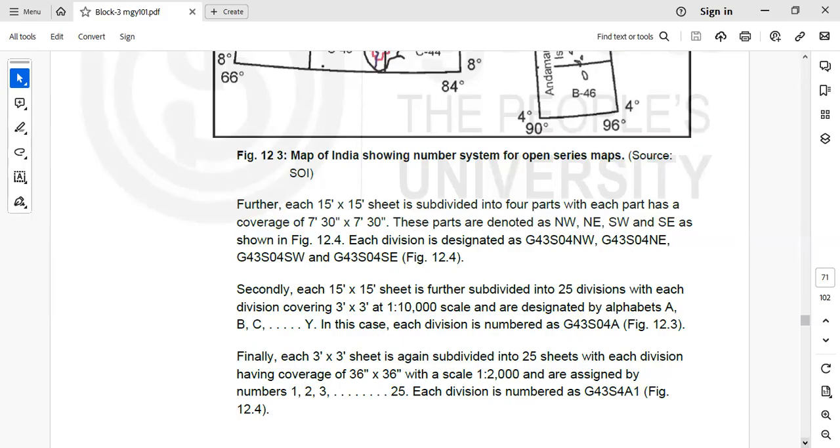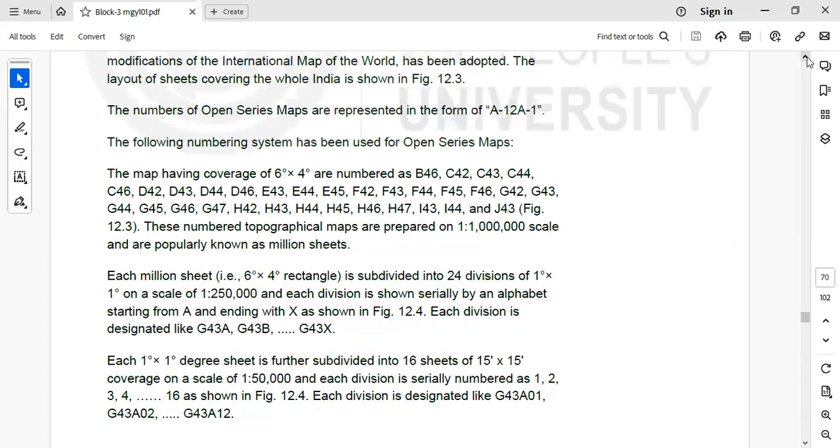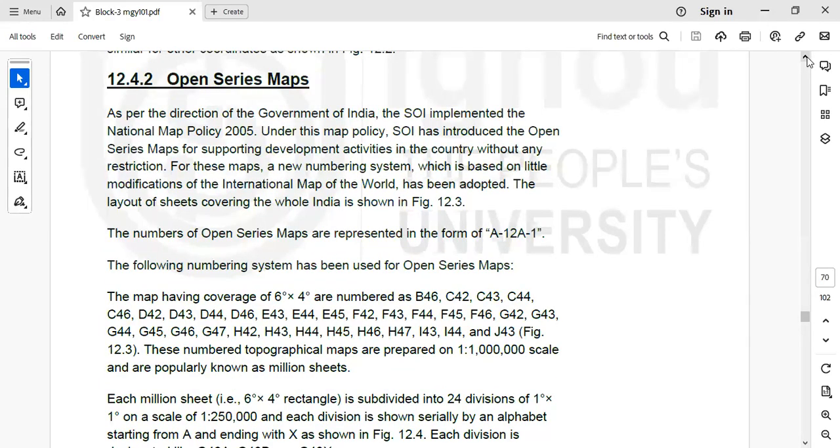And after 2005, India adopted the new map series, which is known as Open Map series, and the Survey of India has given a new numbering system for the maps which it prepared under its Open Map series, and the number looks like this.